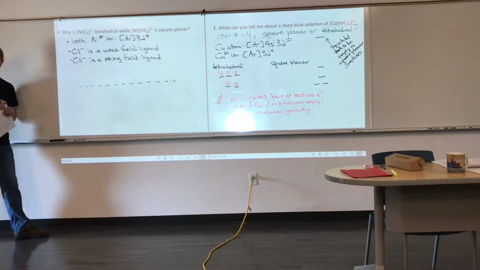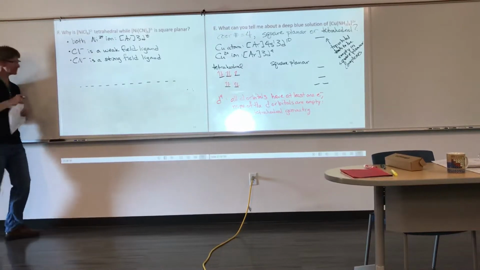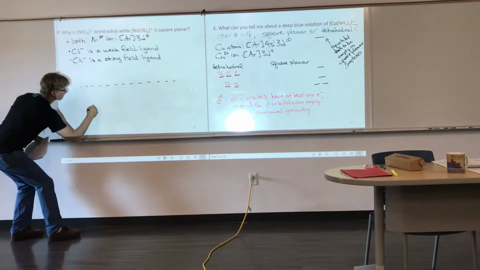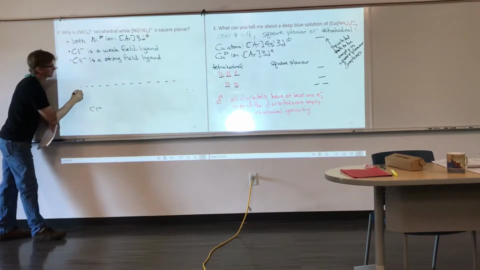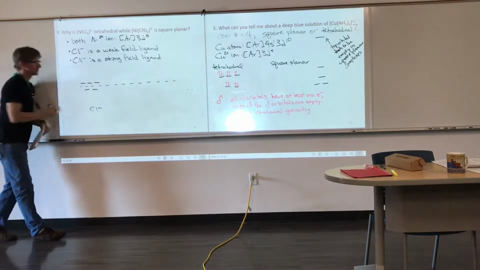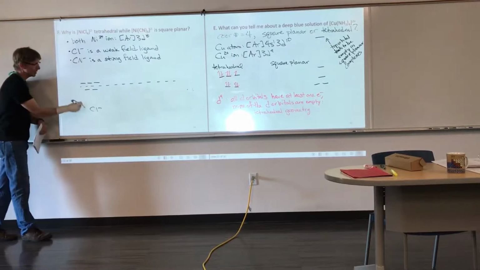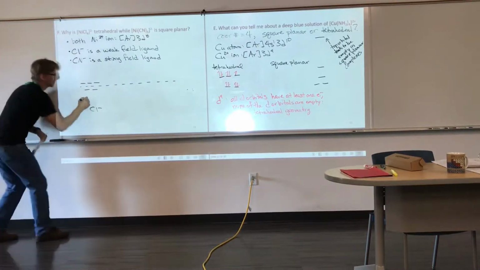So let me see if I can draw this, and let me see if the energies can make sense. And I'm going to help myself by exaggerating things. Let's pretend that that is a weak field ligand for a chloride. I've got my tetrahedral.